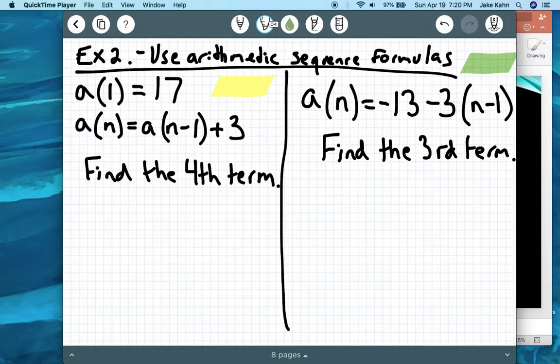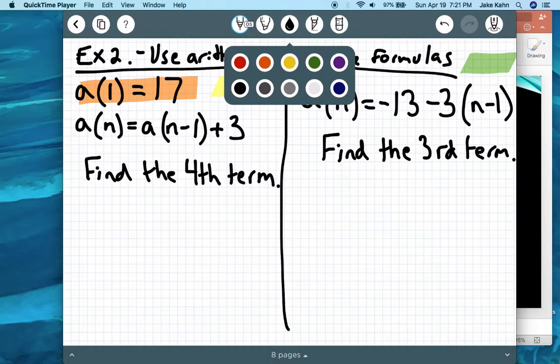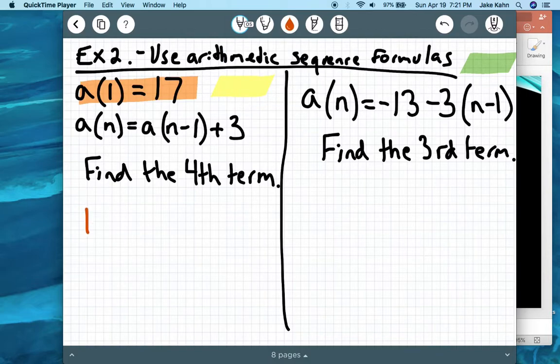All right, so we have an arithmetic sequence. Our first term is 17, so I'm going to write that down below. Now the question is, what is the pattern? In our second line, it says the nth term is equal to the n minus 1 term, which means the previous term, plus 3.